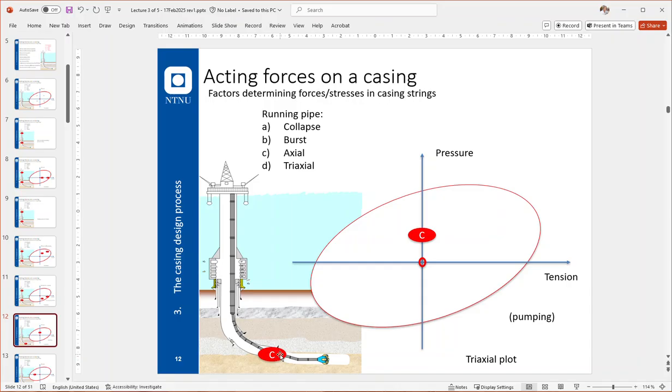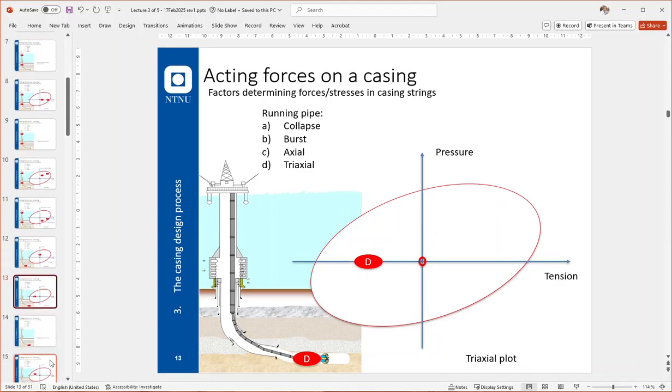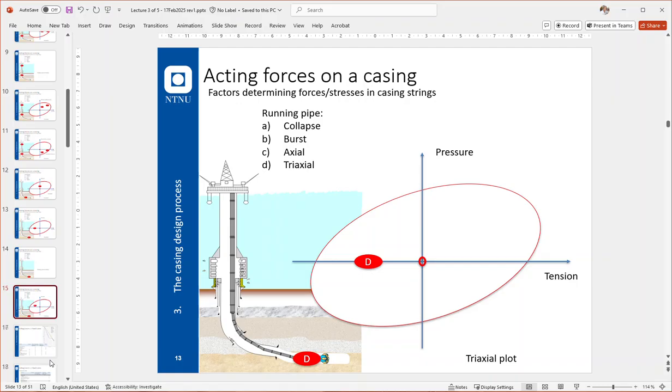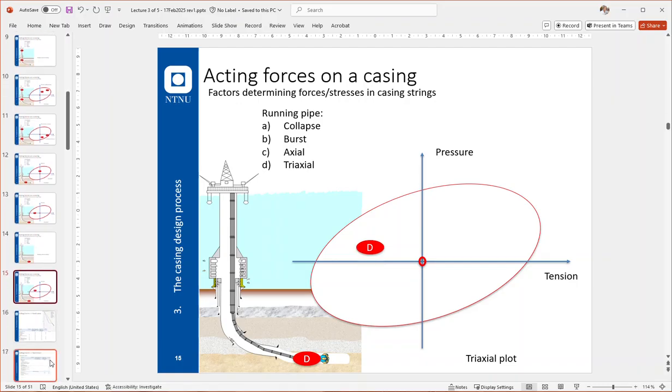It is here plotted with pumping, meaning that it has some internal pressure. Now, below the neutral point, we will find a place of compression. If we are pumping, it would be in quadrant 2.